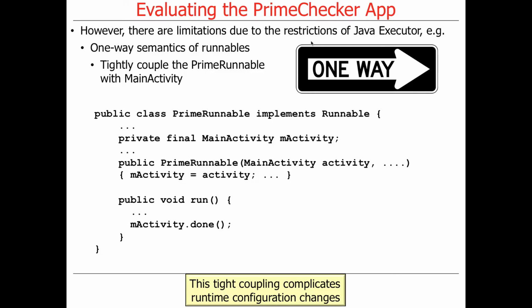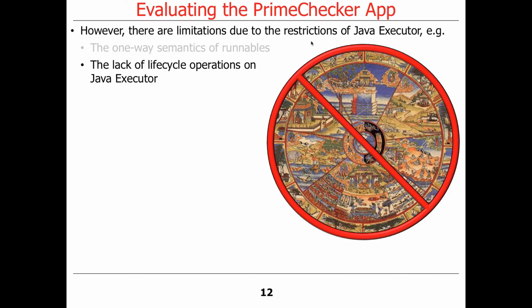It'll just evaporate into nothingness, like going to dev null. And that's because there was no way for us to get access to reset that runnable, or no convenient way. There's ways of doing it, but it would have been unbelievably convoluted and costly and inefficient. And that, again, is because of the one-way semantics. And you'll see when we show you the two-way semantics later how we can clean that up in a nice way. So that's one of the problems, that you're tightly coupling things that probably shouldn't be coupled.